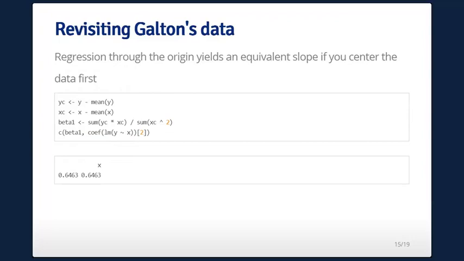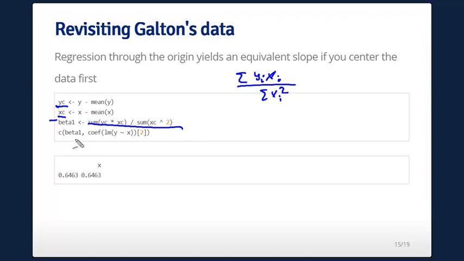Let me point out this last point. Regression to the origin yields an equivalent slope if you center the data first. So I'll define y-centered as y minus the mean of y, and x-centered as x minus the mean of x. I'm going to take my beta 1 as my regression through the origin slope, which, remember, was just the summation of yi times xi divided by the summation of xi squared, which is what that quantity is right there.